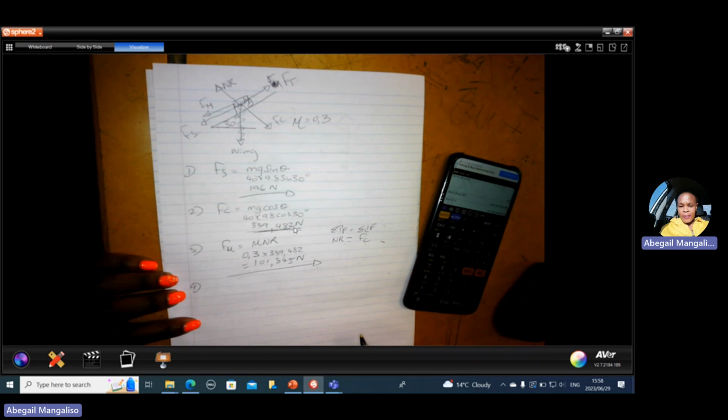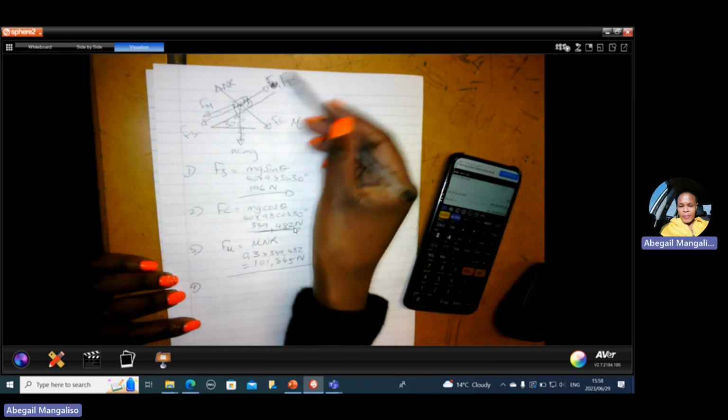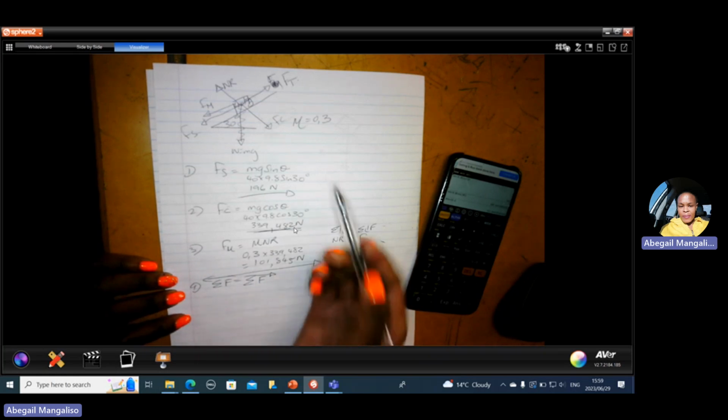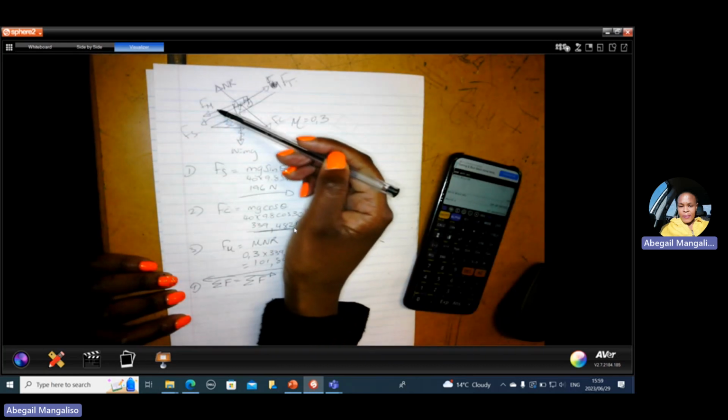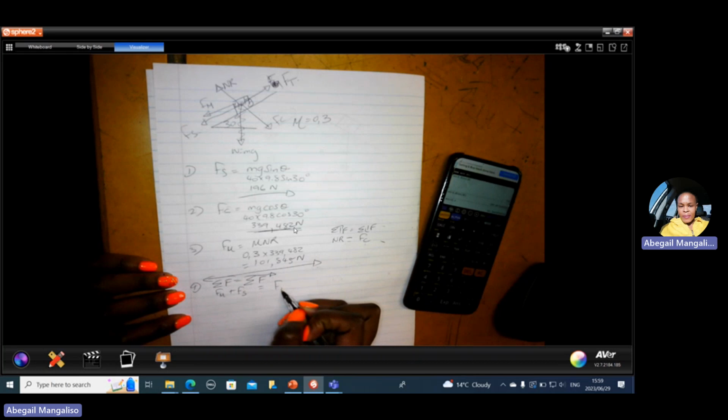It opposes the motion. Now you write the equation along the plane because the unknown is there. Forces that are to the left must be equal to the forces that are to the right. What is to the left? The sum of the forces to the left: the frictional force plus Fs are both to the left-hand side, but Ft is to the right.